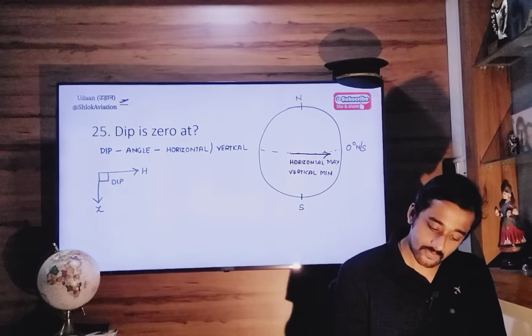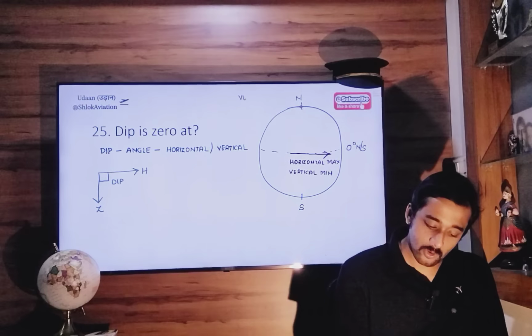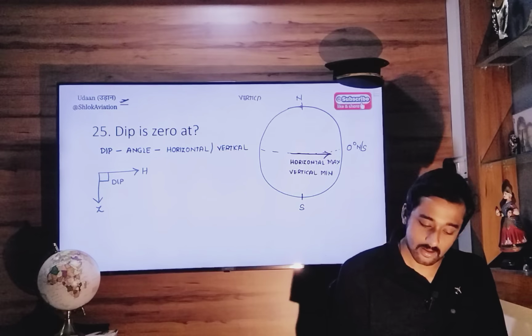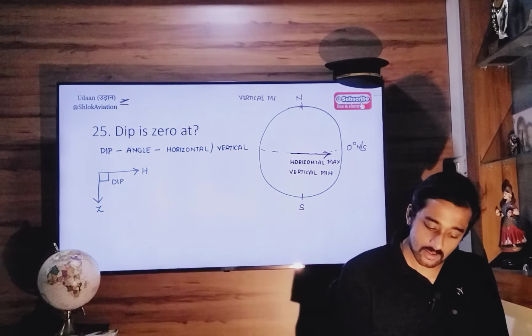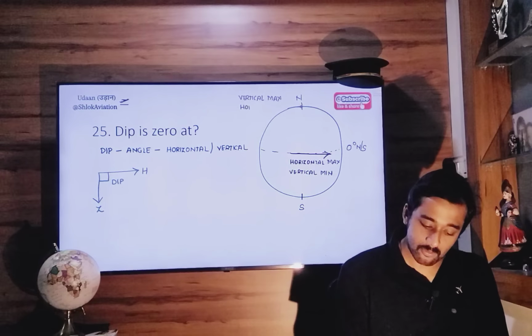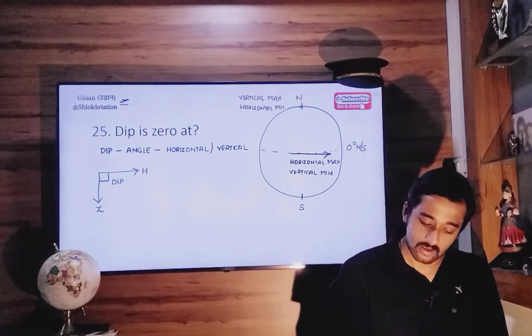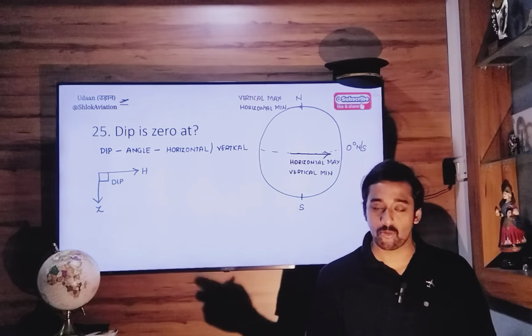At poles, vertical component is maximum, horizontal component is minimum. So opposite happens at the pole.